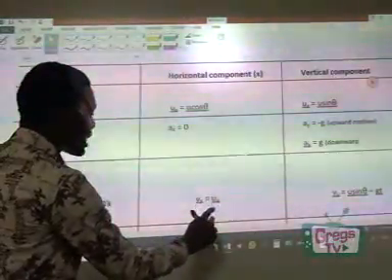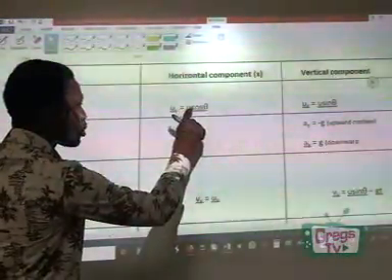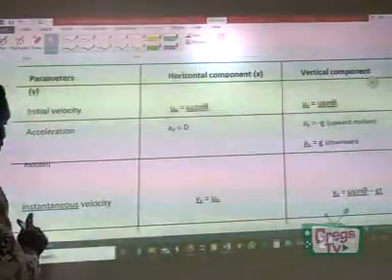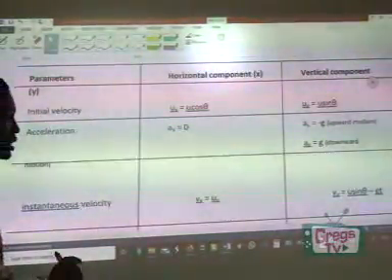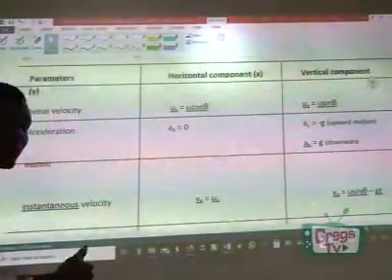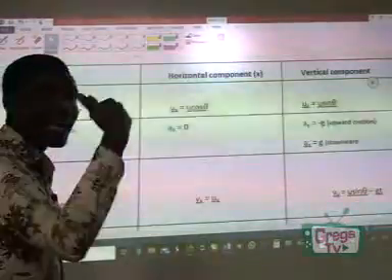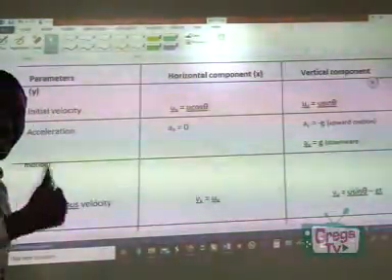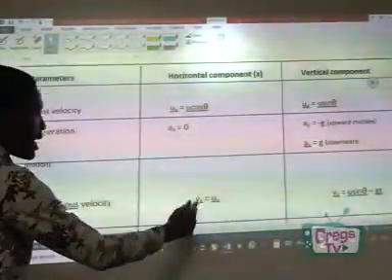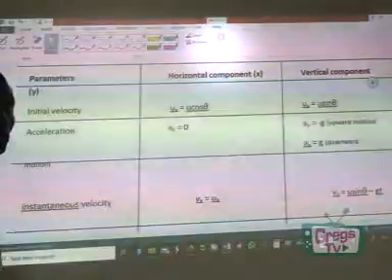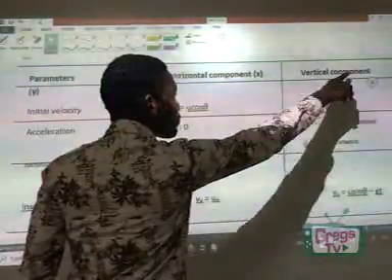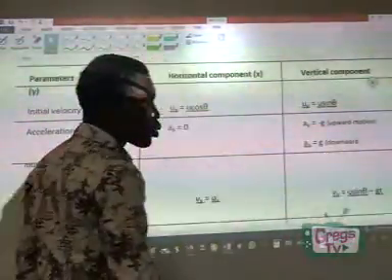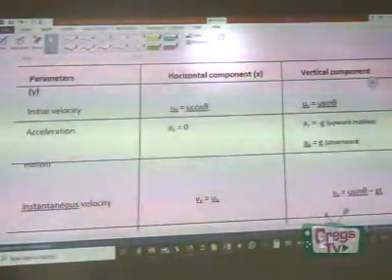Now, don't forget that your ux is equal to u cos theta. So if I'm asking for the instantaneous velocity at a particular instant, at a particular time, horizontally I will just say it is u cos theta. But if it is for the vertical component, I must include minus gt in it.